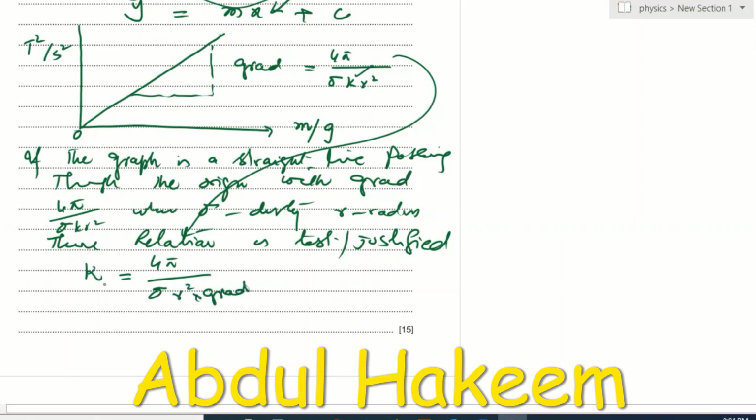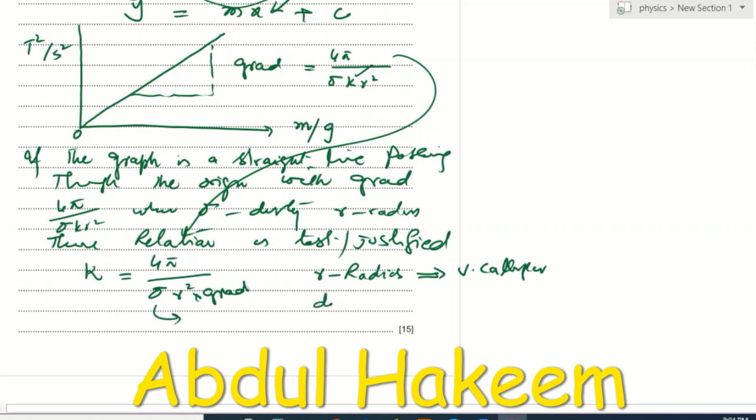So we will write, by using the equation K is equal to 4 pi over sigma r square gradient, where r is the radius, which can be determined from the vernier caliper, and sigma is the density of the oil. The density of the oil can be determined by the mass of the oil divided by its volume, and the gradient is from the graph. So K can be determined.